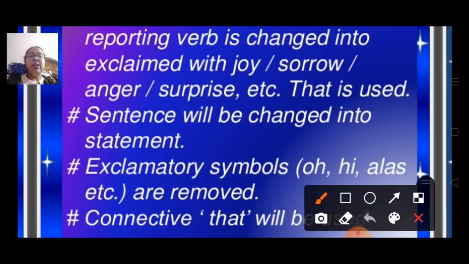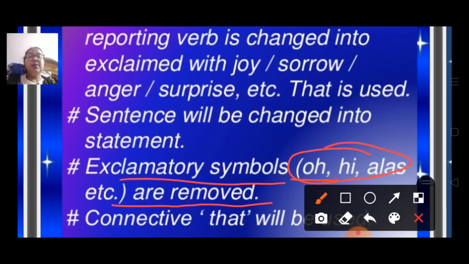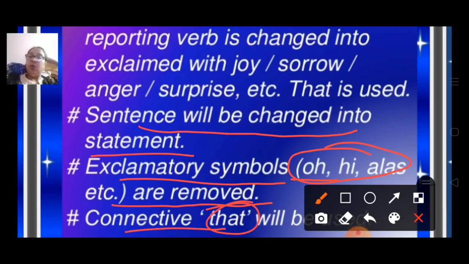So these are the rules that you should always remember. First thing is this, second thing is this, and third thing is this.